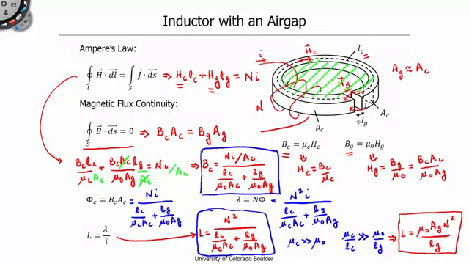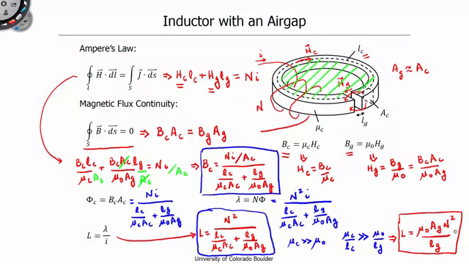Remember, LG is the air gap in the core, and its value is specified by the presence of the core. Also, AG is specified by the cross-sectional area of the core. So having the core is important, although we never end up using the permeability of the core as part of our design of the inductance.